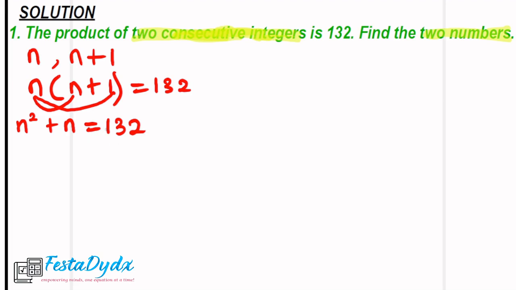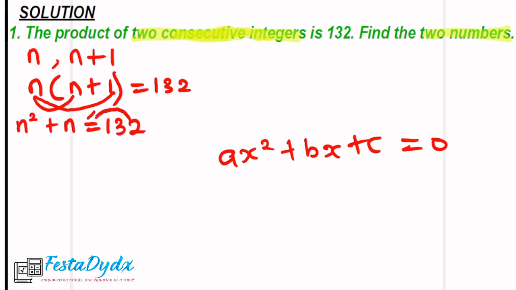Now we'll move to expressing this. I want it to have the format of a quadratic equation. You know, the quadratic equation format is ax squared plus bx plus c equal to 0. So we need to equate this equation to 0. That's where I'm going to bring in 132. I'm going to take it inside and equate this to 0. So if 132 crosses the equation sign, it turns to minus.